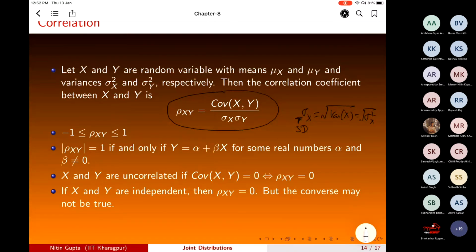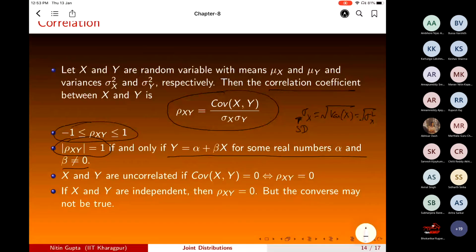So the correlation is covariance xy divided by sigma x sigma y. It can be shown that the correlation coefficient is between minus 1 and 1. And the modulus of the correlation coefficient is 1 if and only if y is equal to alpha plus beta x for some real numbers alpha and beta, where beta is not equal to 0.